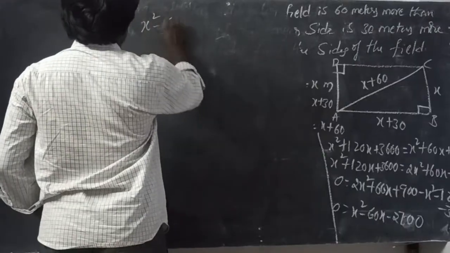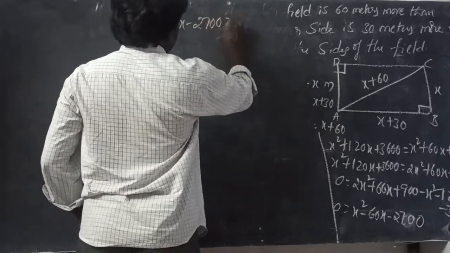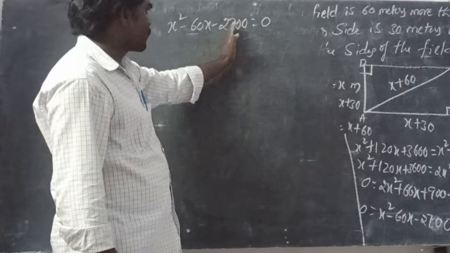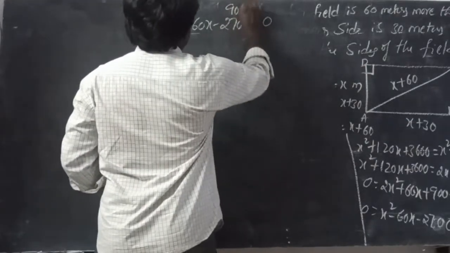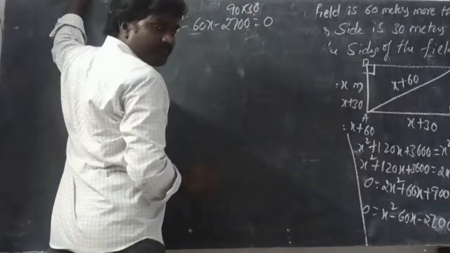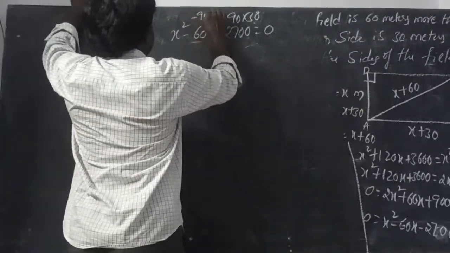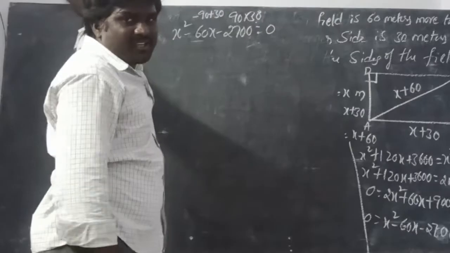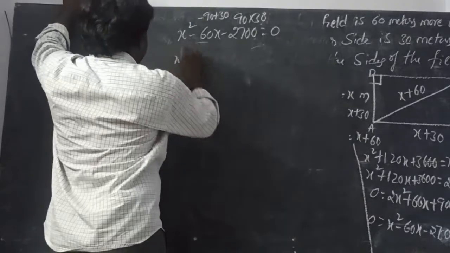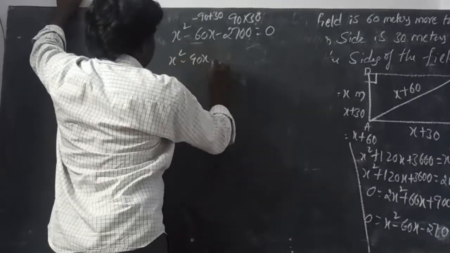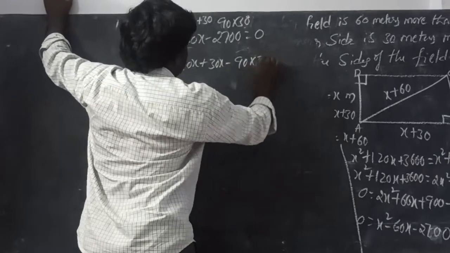Now, the factors of 2700: minus 90 plus 30 is minus 60. So we can write x square minus 90x plus 30x minus 90 into 30 is equal to 0.